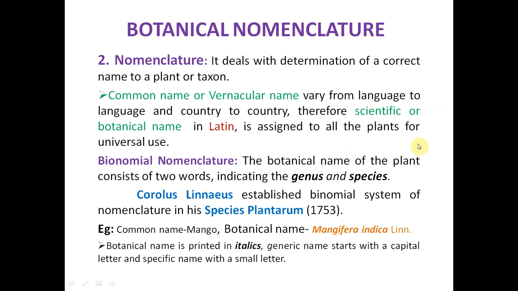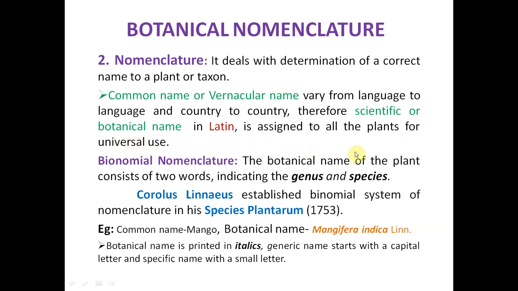So botanists all over the world consider naming with the same name, which is called the scientific or botanical name. That name is always in Latin and is assigned to all the plants for universal use. So this is the universal name, scientific name or botanical name.